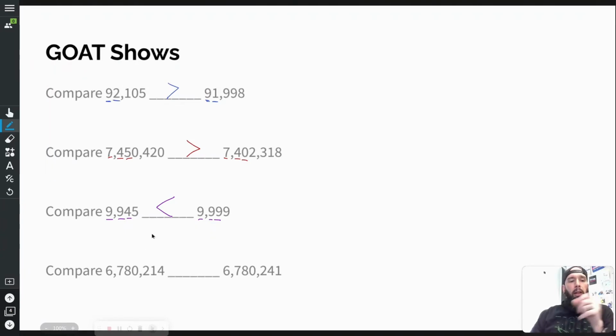Let's use green for that alligator. 6,780,214 blank 6,780,241. Sixes are the same. Sevens are the same. Eights are the same. Zeros are the same. Twos are the same.